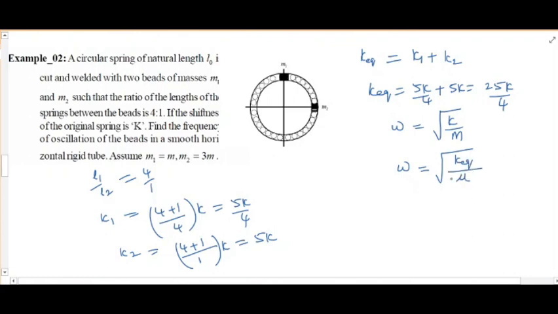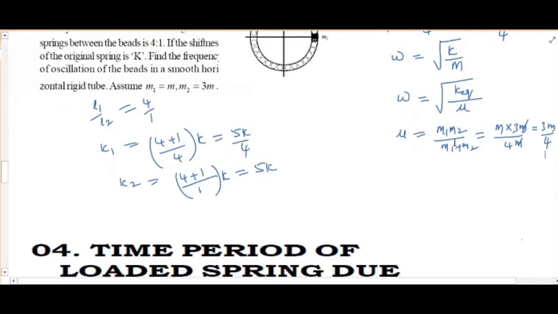Therefore mu is equal to M1 M2 by M1 plus M2. M1 is M, M2 is 3M, by total mass 4M. This becomes 3M by 4. This is mu.